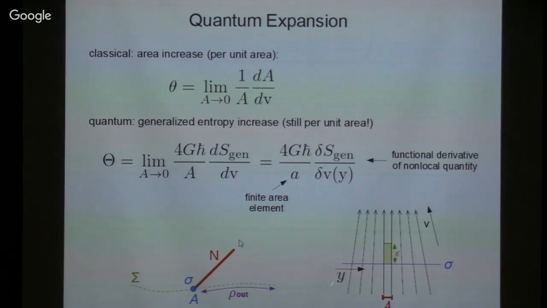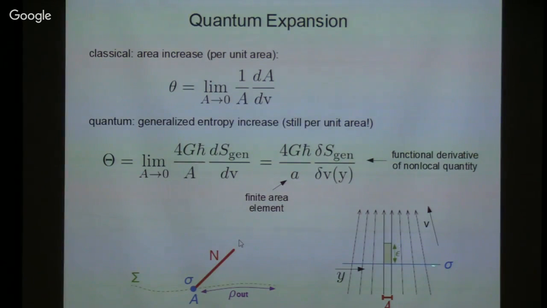Given this null surface, which now this is a face-on view that's composed of a bunch of light rays, so these light rays go up in the diagram, if you imagine like they're coming at you or something, then in order to find the generalized entropy, we need to take a cut of this null surface so that we then define the quantum fields on one side of this cut.